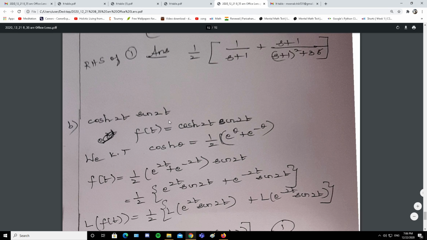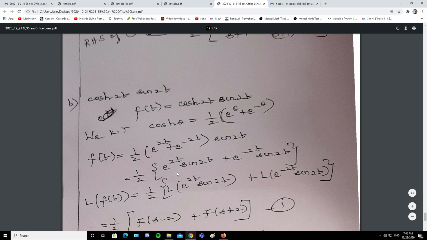So cos h 2t is half of e power 2t plus e power minus 2t, into sin 2t. So split into two terms: half of e power 2t sin 2t plus e power minus 2t sin 2t.